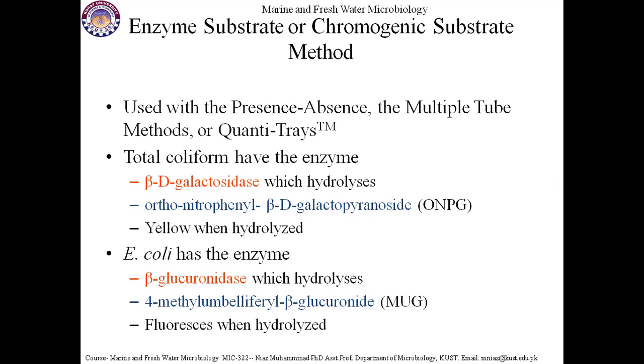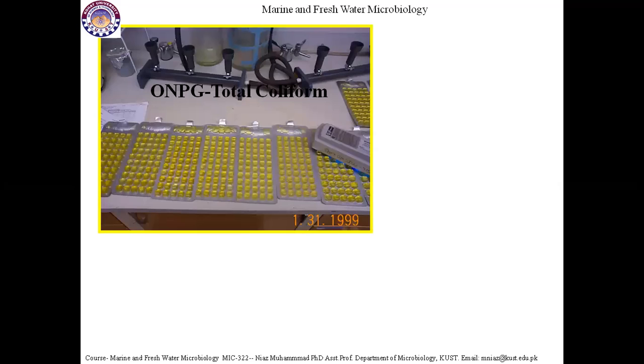If E. coli is present, it will produce beta-glucuronidase, which will act on MUG and produce some fluorescence at hydrolysis. Like this, this one is ONPG for total coliform.